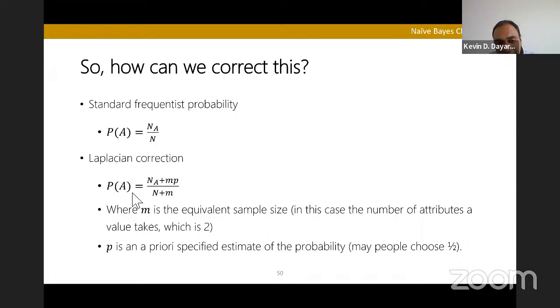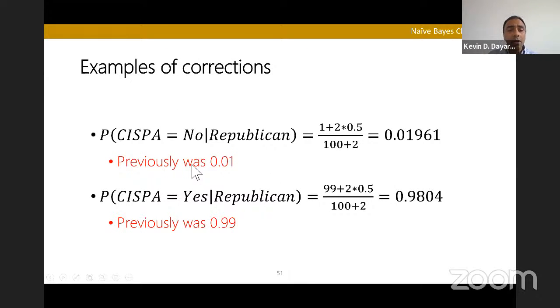So what have we added to this equation? M is known as the equivalent sample size, and in this case is the number of attributes a value may take, which in this case is just 2. P is an a priori specified estimate of the probability. Many people choose 1/2 just to be even-handed. And you'll notice that if you do this, for example for CISPA, you'll basically compute the probabilities the same way, but in the numerator, you'll add 2 times 0.5, and in the denominator, you'll just add 2.